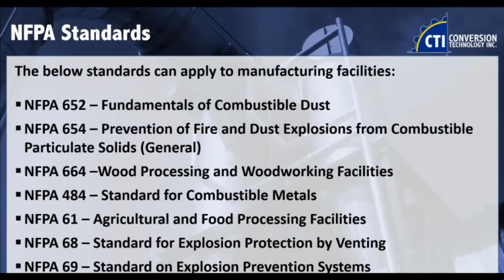So start with 652 and then move to 664 to determine, well, what would be different for my cabinet production facility. And whenever there are differences between 652 and your commodity standard, NFPA does allow you as the user to choose which standard you're going to follow.